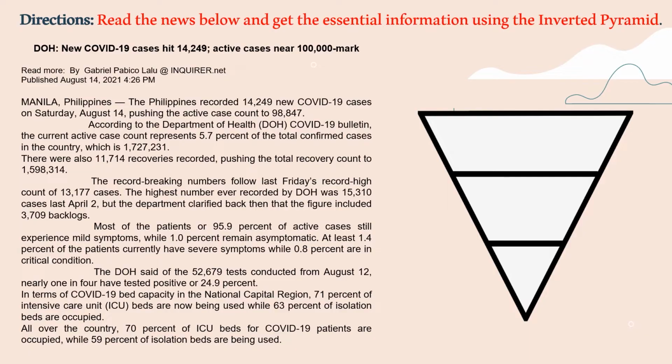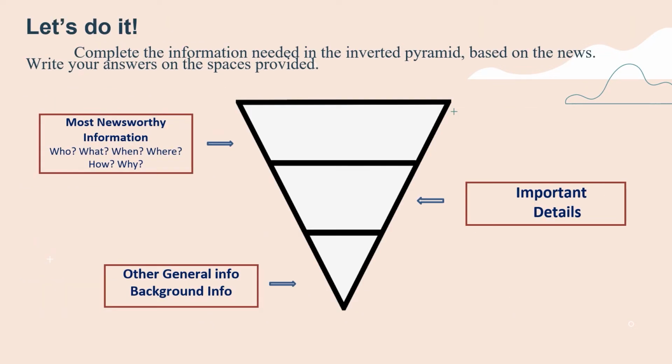And the bottom part of the pyramid, the latter part, will be the additional or other information or details given in the news. Now try to extract the essential information of the news article using the inverted pyramid.